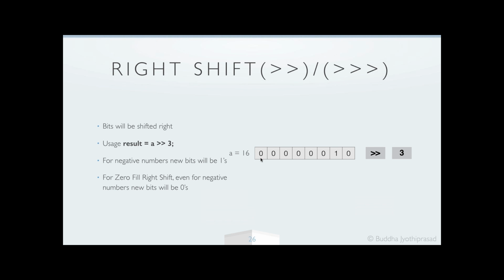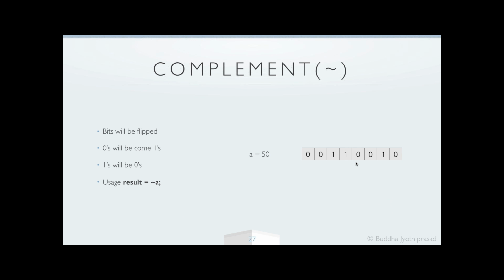But when it comes to right shift, as we have known in the previous class, the first bit is used for storing the sign. So when we shift the bits, if there is a 1 here, the right shift will fill all the new values with ones, whereas the zero fill right shift will fill it with zeros. So that's the difference between right shift and zero fill right shift.